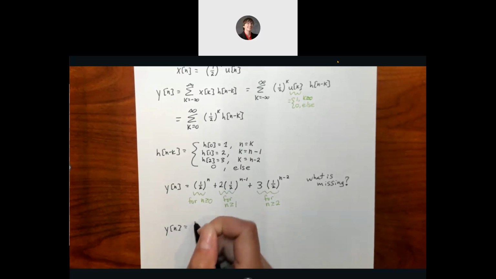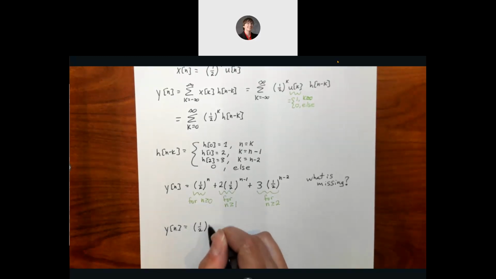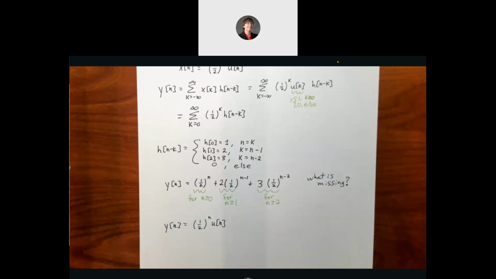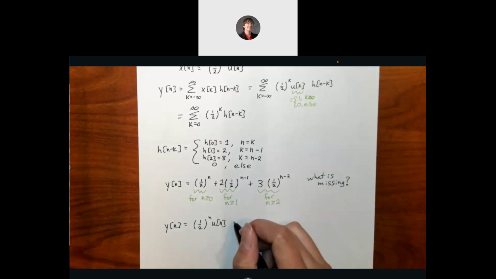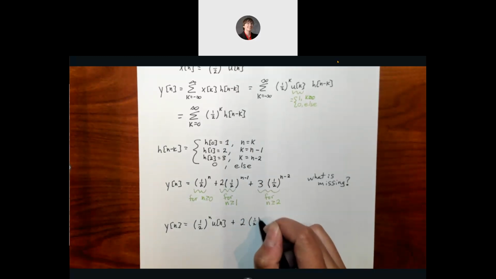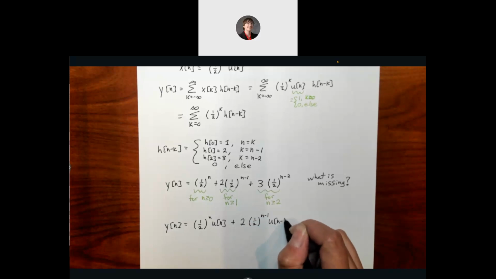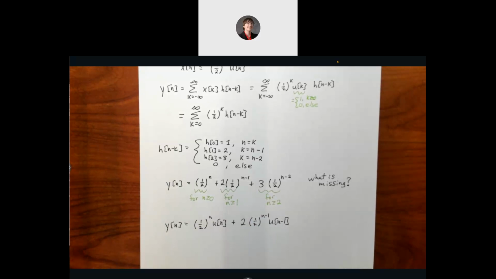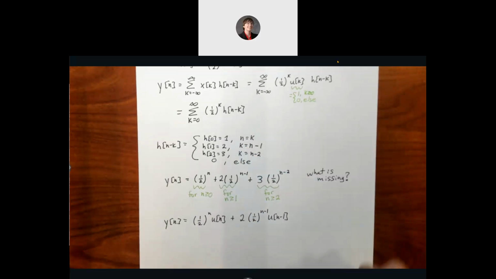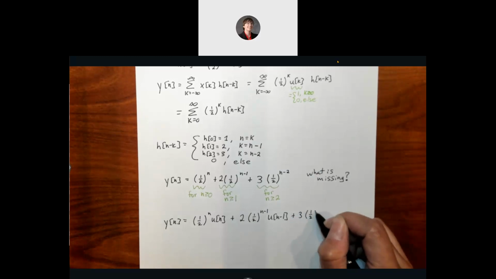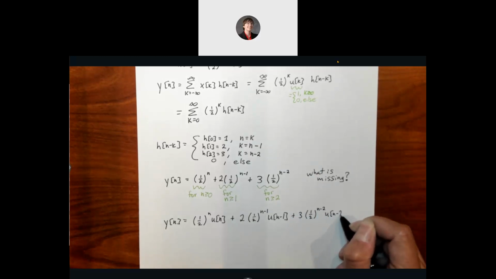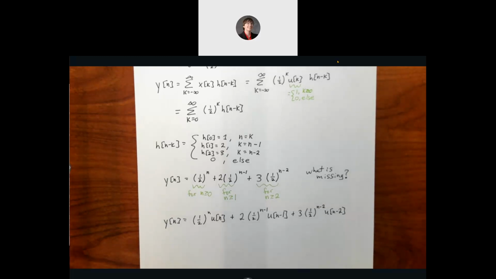And so what we actually have is that y of n is going to be 1/2 to the n u of n, which captures the fact that that n value, or in this case our k, needs to be greater than or equal to 0. For this factor, u of n minus 1, it's going to capture that same kind of condition, and the same thing for the last case.